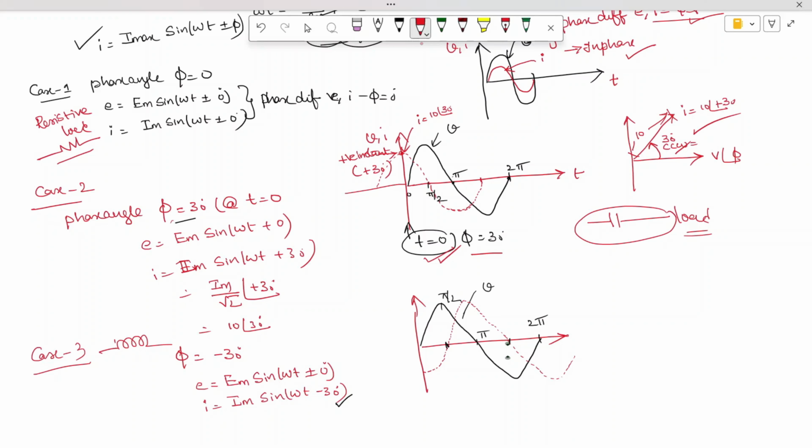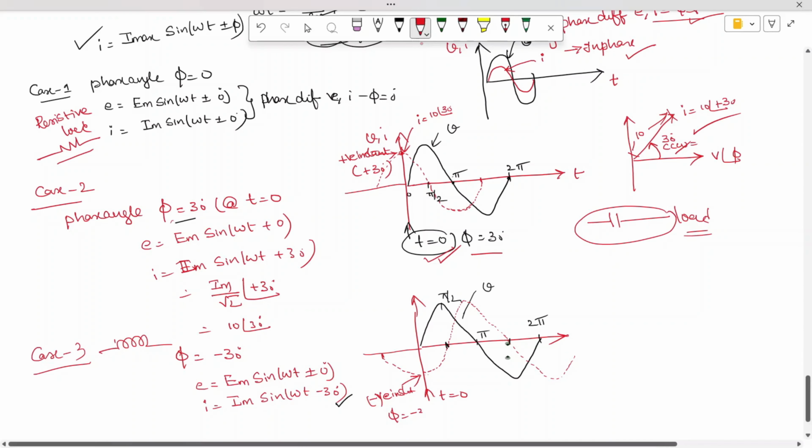Somewhere it has been started. The waveform has already started, and at t equal to 0 it has the negative instant. So it is having a negative instant, therefore phi is equal to how much? Minus 30.